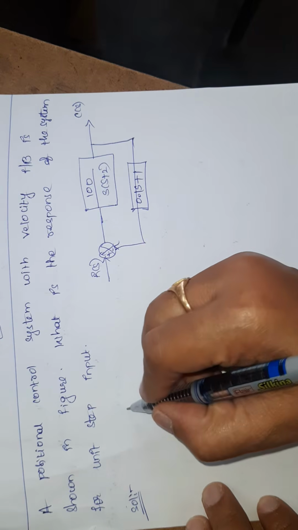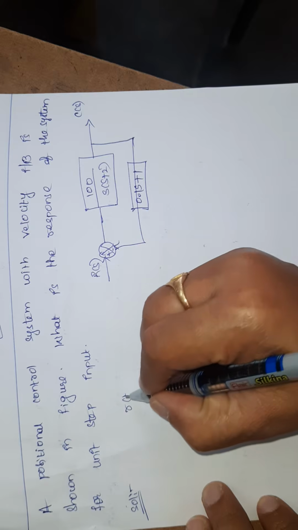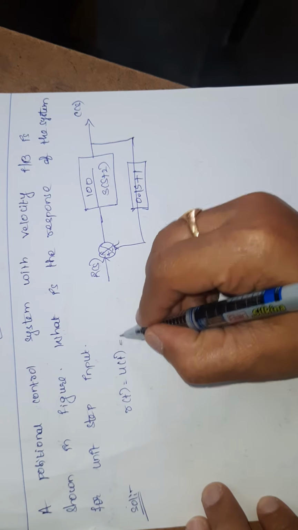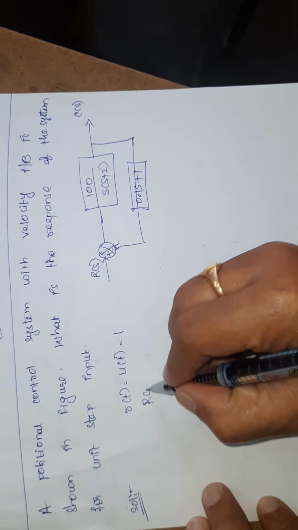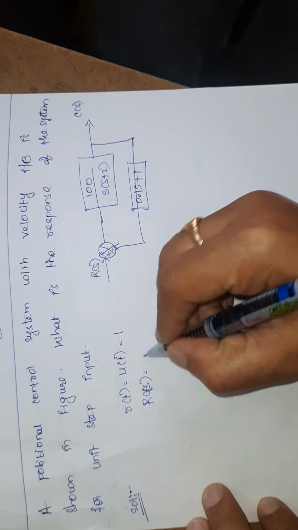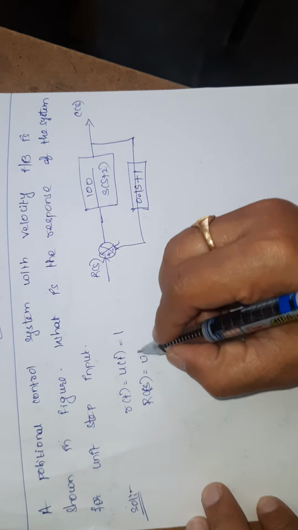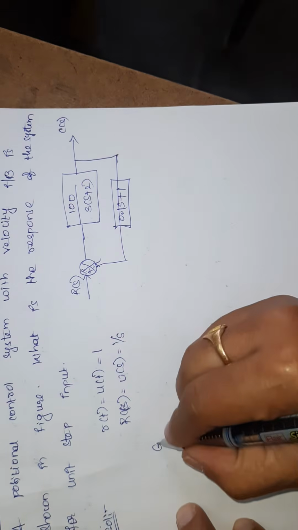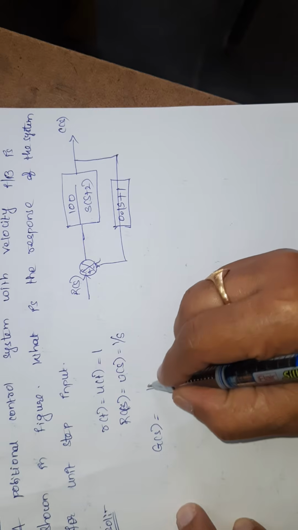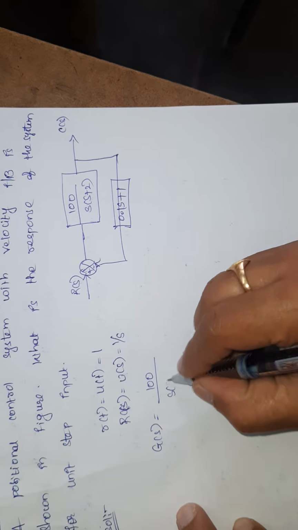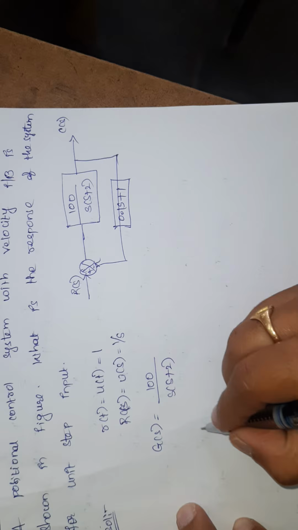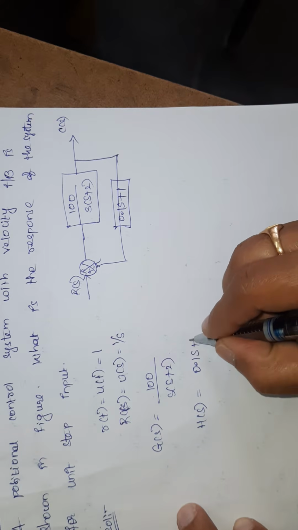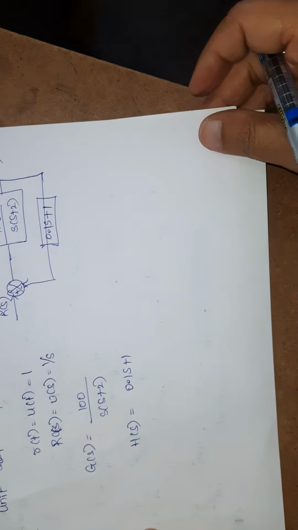input. Here the input r of t is nothing but u of t, the unit step input, and its Laplace transformation will become 1 by s. Given G of s is equal to 100 by s into s plus 2 and H of s is equal to 0.1 s plus 1.